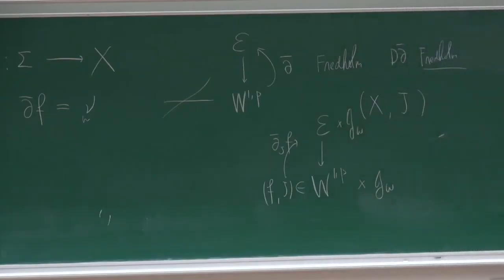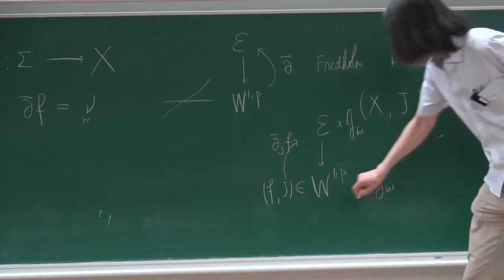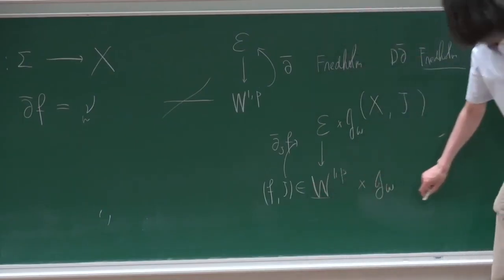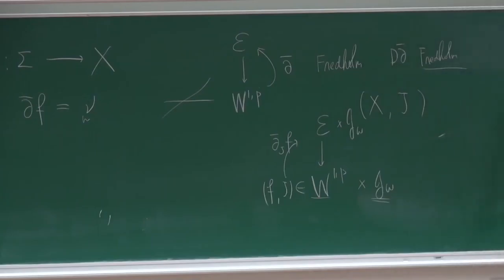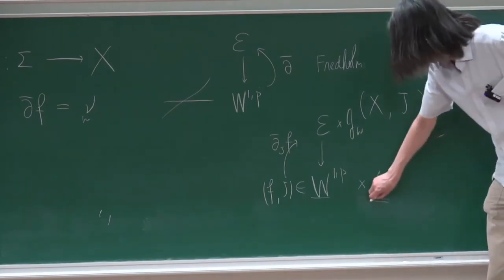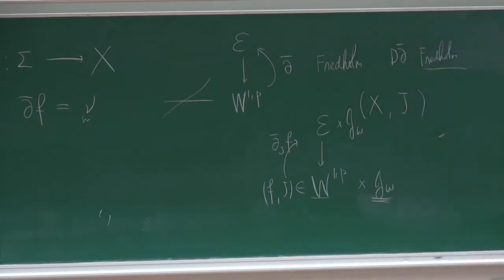There is one issue, because this one is a Banach space. If I just stick to C infinity almost complex structures, because C infinity is good for regularity and so on, then the space of C infinity almost complex structures is not really a Banach manifold.